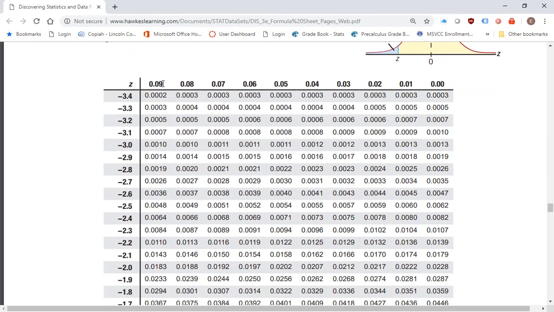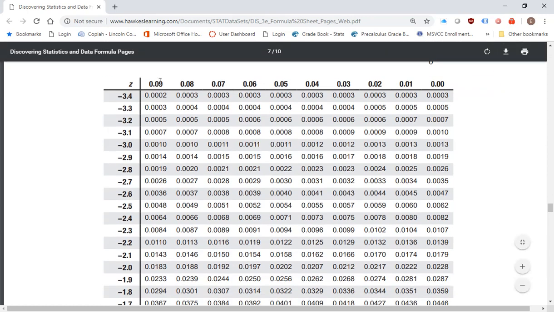Notice up here too, the hundredths place starts with 9 on the negative z-scores. It starts with 0 on the positive, but it starts with 9 on the negative z-scores. So if we want to go to the 0 at the very end, we have to use the last column. So it's going to be negative 2.40.